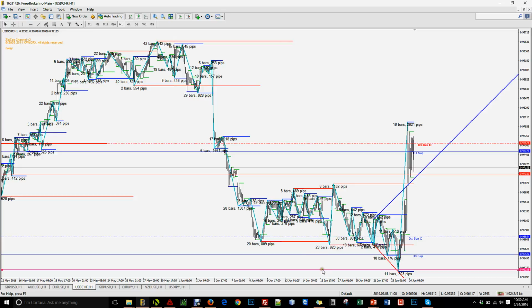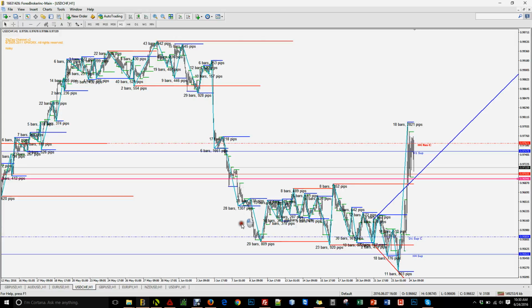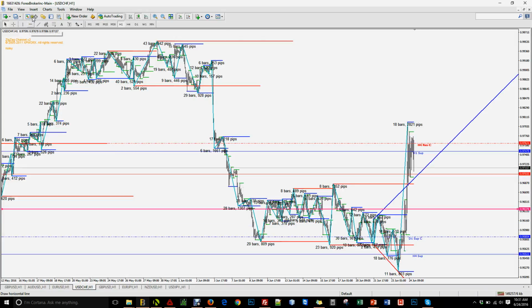So just get used to zooming out on charts, and you can either draw in a horizontal line, this right here in MetaTrader 4, or you can refer to the resistance and support lines from the indicator that I provided you.